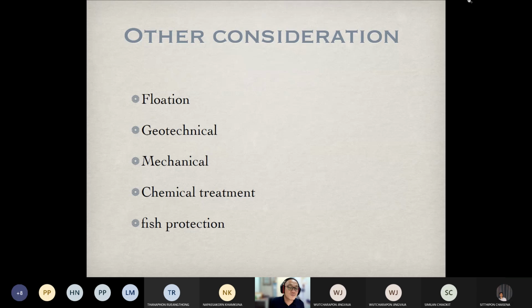Other considerations might be flotation, as the structure is located in water. So we have concerns about the flotation, geotechnical, mechanical, chemical equipment, fish protections. We need to prevent the fish from getting into the chamber.